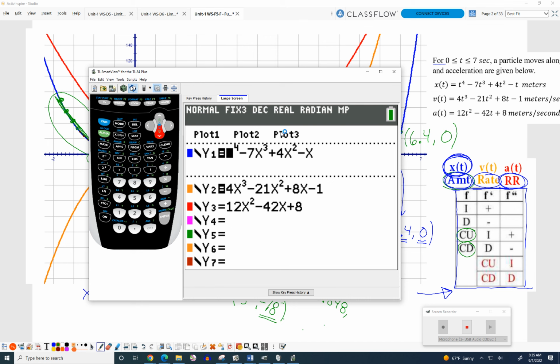Rockwell, a better way to say it is, position tells you where the particle is.